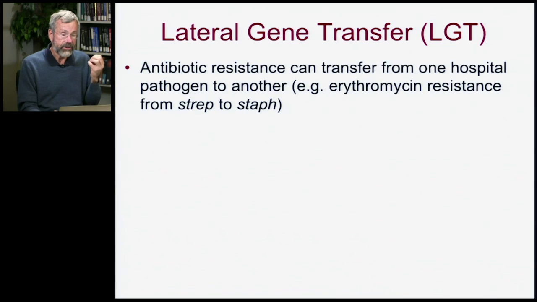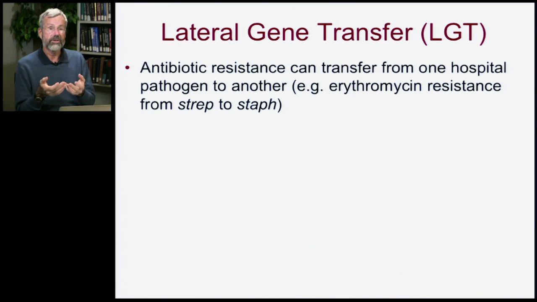So we then get what's called lateral gene transfer. Lateral gene transfer is an important concept when we think about antibiotic resistance. This is how resistance can be transferred from one hospital pathogen to another. So if erythromycin is used too heavily in a particular setting, resistance will evolve.